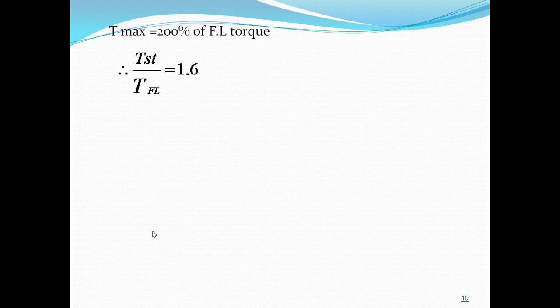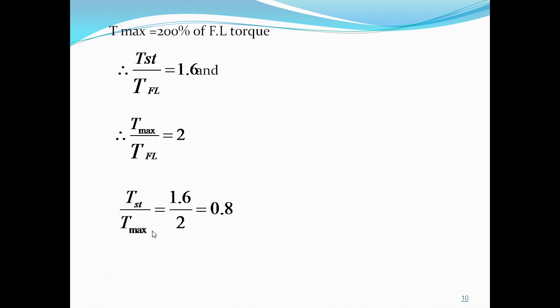So T_st by T_FL is equal to 1.6, the ratio of starting torque to the full load torque, and T_max by T_FL is 2. So it is given 200 percentage.